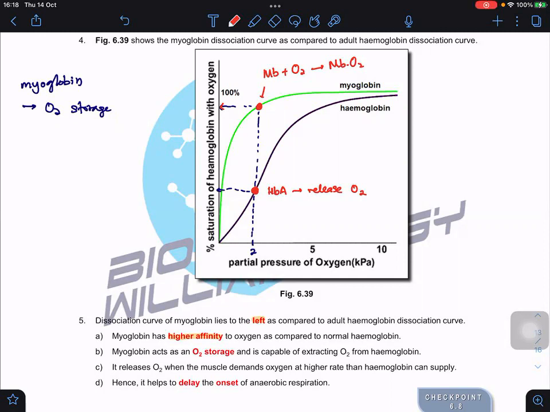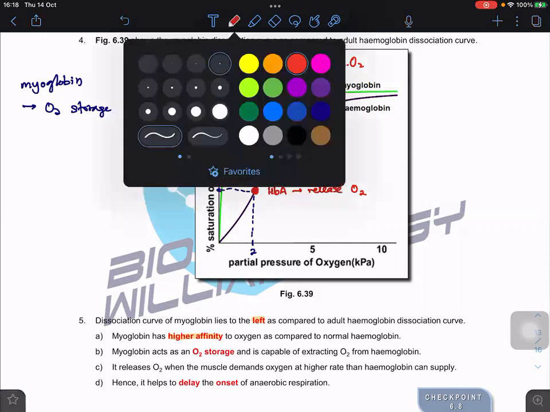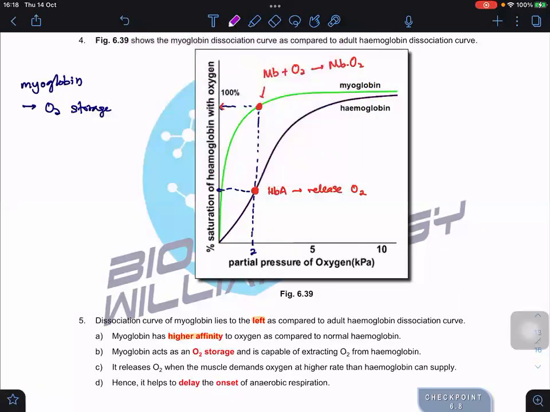Let's say, for example, your muscle carries out a very vigorous activity until the partial pressure of O2 in the muscle cells drops to, let's say, 1 or 0.5 kilopascal. Then you can see that the oxyhemoglobin has already released its oxygen, and it is still not enough. Then myoglobin now releases O2.